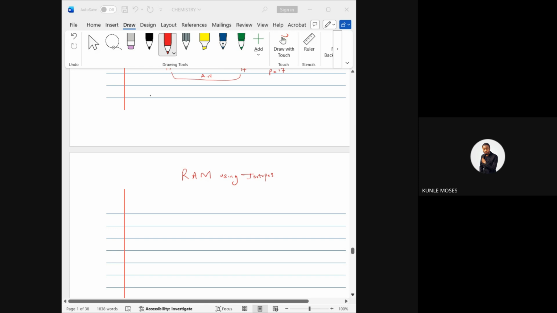The formula is: the relative atomic mass, RAM, is equal to the summation of the product of isotopic mass multiplied by percentage abundance.